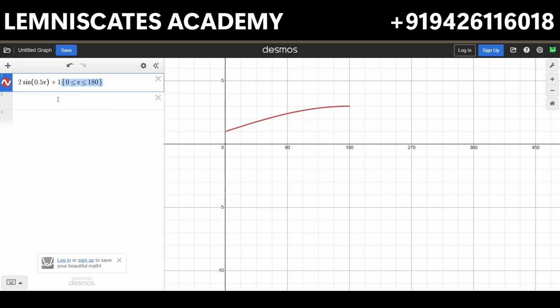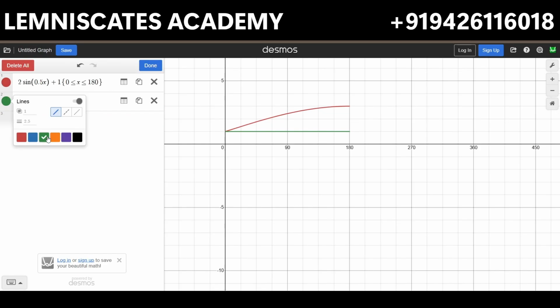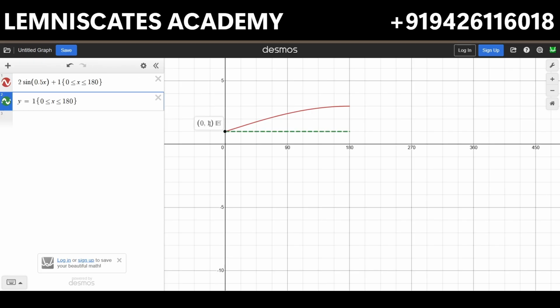And I'll also draw the mid value at 1, y is equal to 1, and copy paste the domain and just turn this to a dotted line to make it look better. And clearly you can see that the minimum value is 1 in this case. I mean, for the range, the minimum value is 1. This is the mid value of the entire graph, which is looking like a minimum value over here. And the maximum value it can go to is 3. So 1 to 3 becomes your range over here, and we are confirming that from Desmos also.